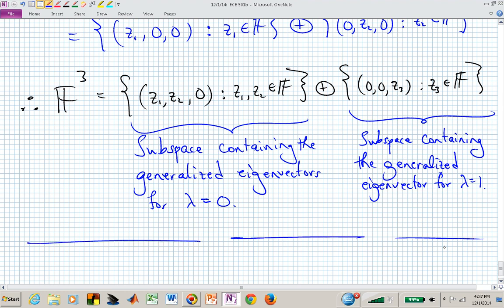So we now have a way of basically building up or accumulating eigenvectors, generalized eigenvectors, when we run into this sort of limitation of not having distinct eigenvalues or when we have repeated eigenvalues.